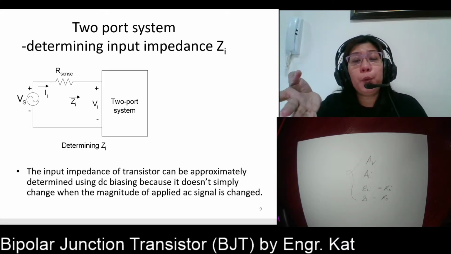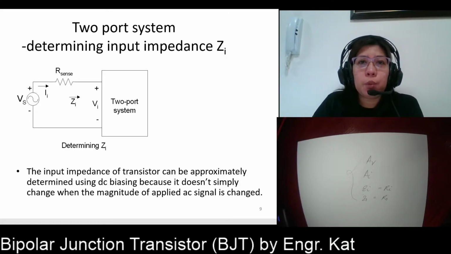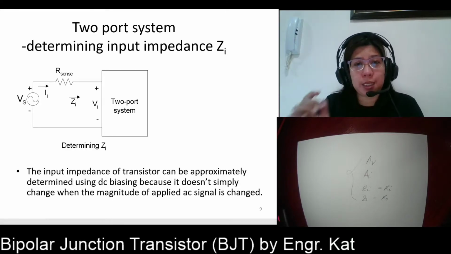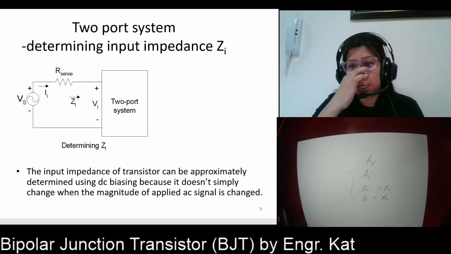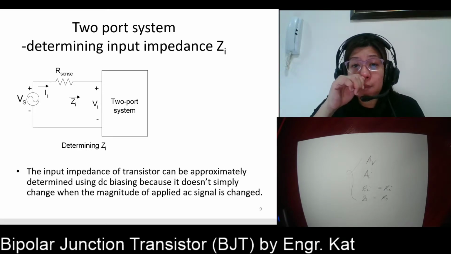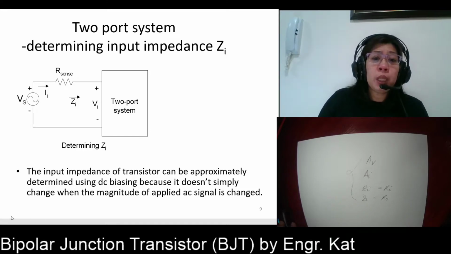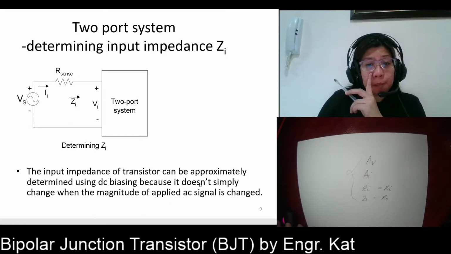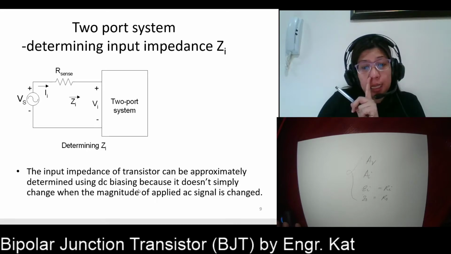The ohmmeter that we use in the laboratory measures DC resistances, but the input impedance we are talking about here is AC, so it cannot be measured using your ohmmeter. The input impedance of a transistor can be approximately determined using DC biasing because it doesn't simply change when the magnitude of the applied AC signal is changed.